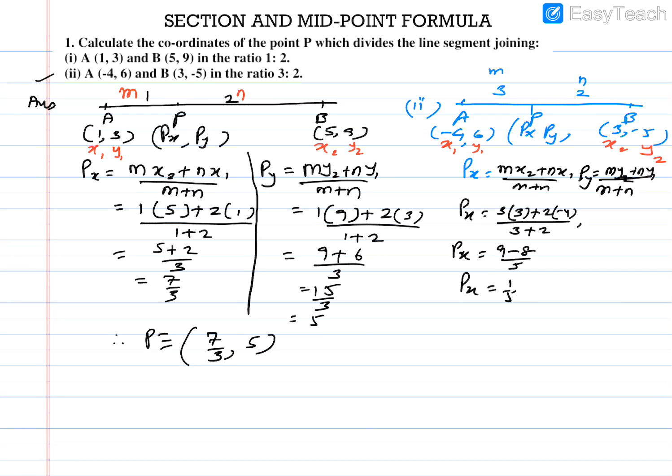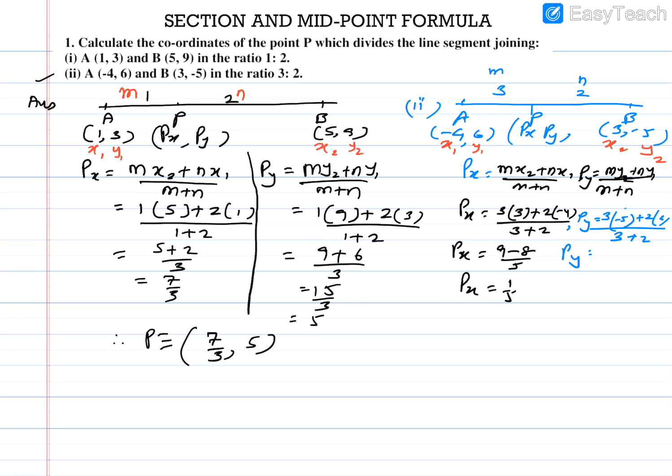Now solve for Py. Now we will solve for y. For Py I will write my2, 3 into minus 5 plus n into y1, 2 into 6 upon m plus n, that is 3 plus 2.